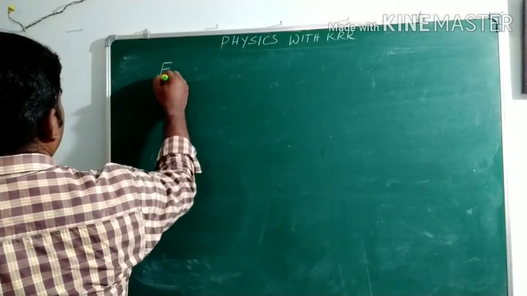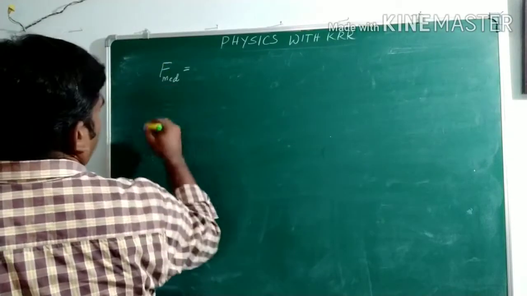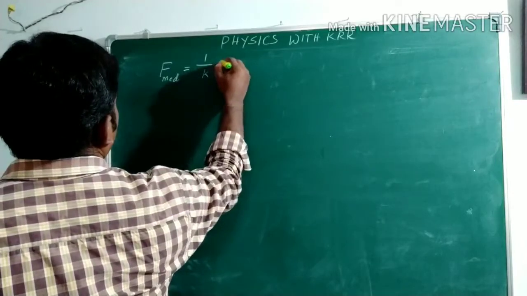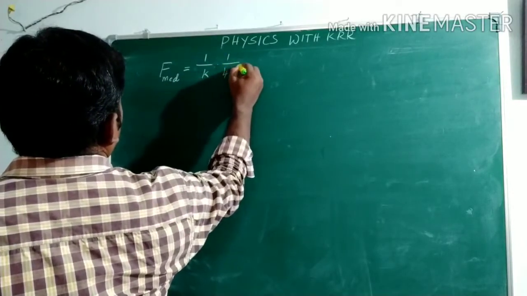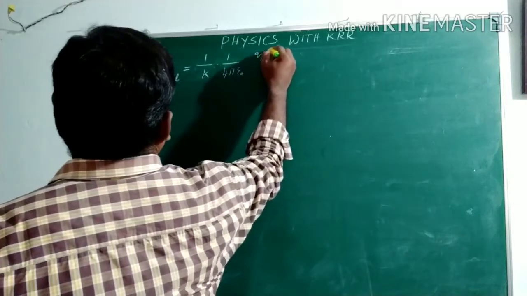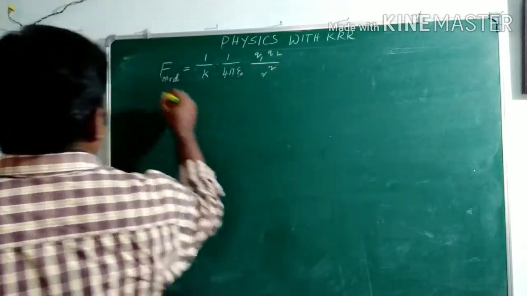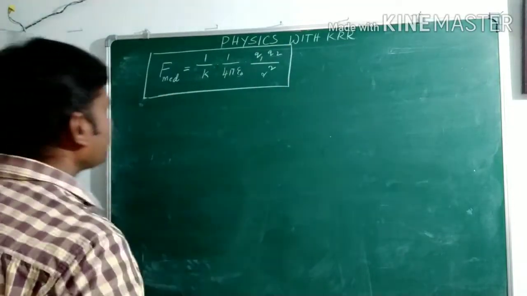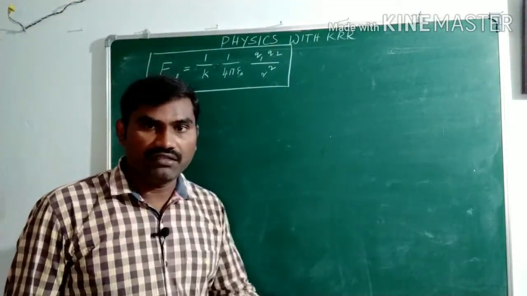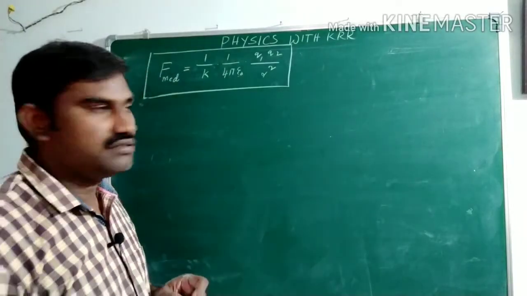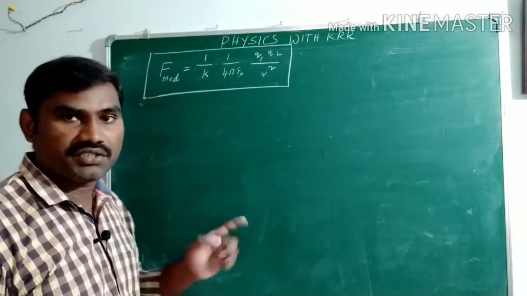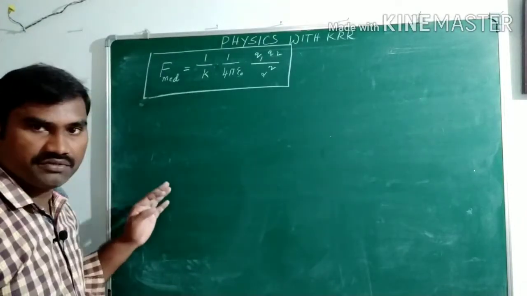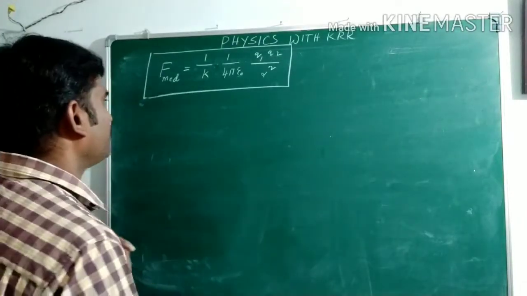F medium is equal to 1 by k into 1 by 4 pi epsilon naught Q1 Q2 by r square. This is the force between the two charges when a medium of dielectric constant k is introduced between the charges. Now when you clearly observe this formula, we have 4 variables. What are they?